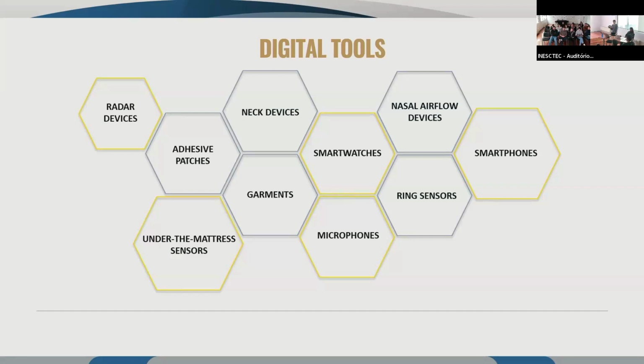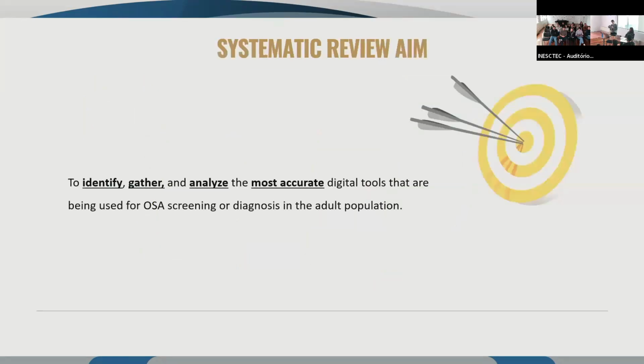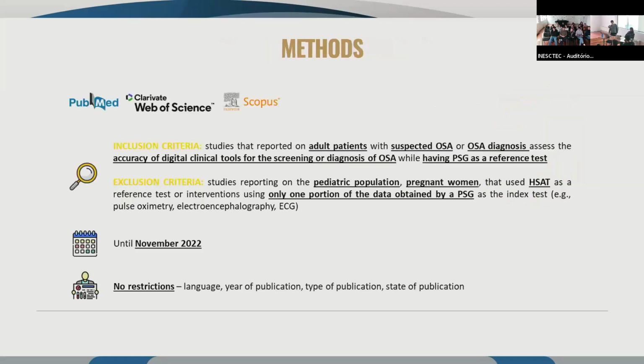Radar devices and even sensors placed below your pillow or under the mattress. So there are many, and so we decided that we needed to perform a systematic review to identify and analyze the most accurate ones. That was the objective of my student's master thesis.